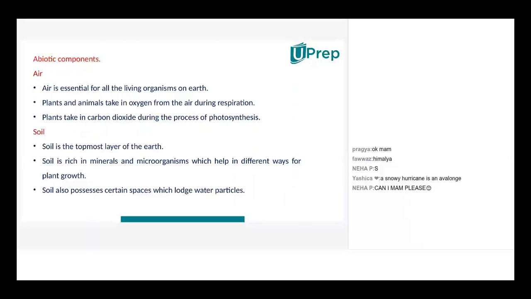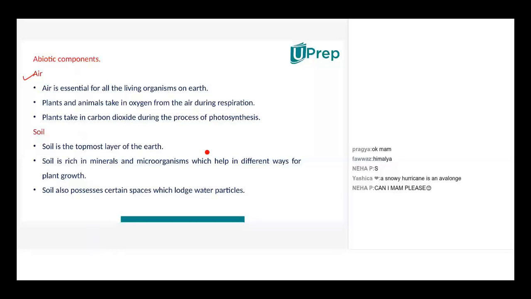Okay. So now we have understood that abiotic and biotic components are both necessary and dependent on each other, right? Going one by one. First, air. Pragya, can you please read these 3 points on air?